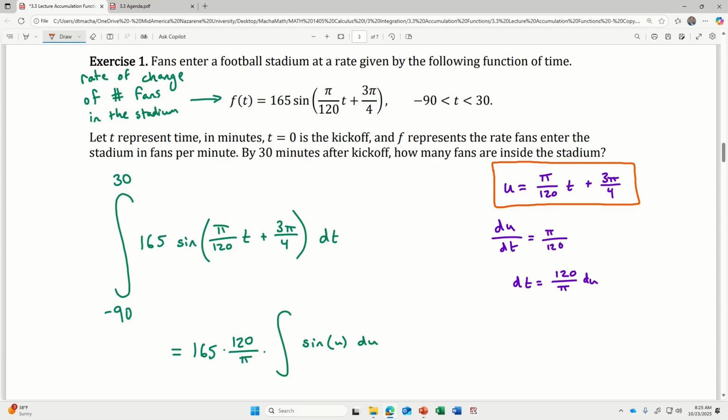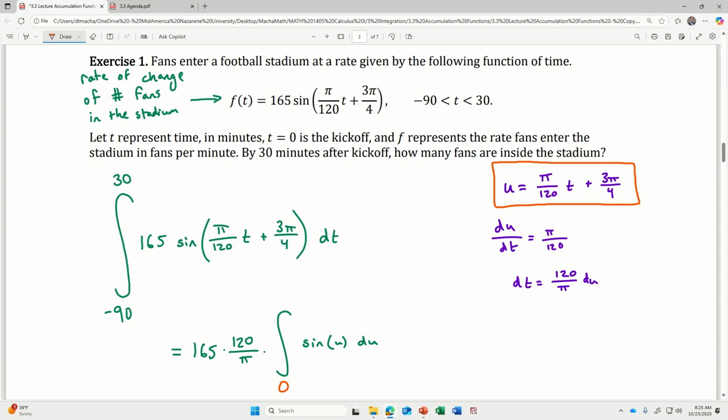That's negative 90 over 120, which is negative 3/4. So when I plug in t equals negative 90, this is negative 3 pi over 4 plus 3 pi over 4. So my new lower bound should be 0. What about the new upper bound?